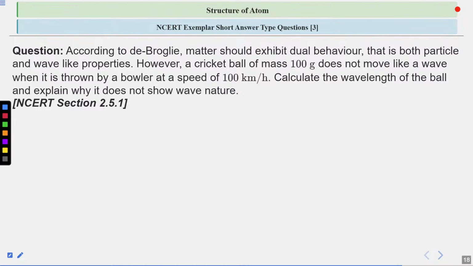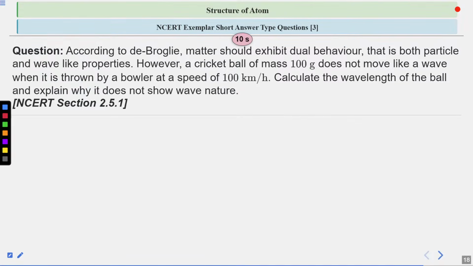However, a cricket ball of mass 100 gram does not move like a wave. When it is thrown by a bowler at a speed of 100 km per hour, calculate the wavelength of the ball and explain why it doesn't show wave nature. First calculate the wavelength related to this ball, and then we will see why it is not relevant for the ball.